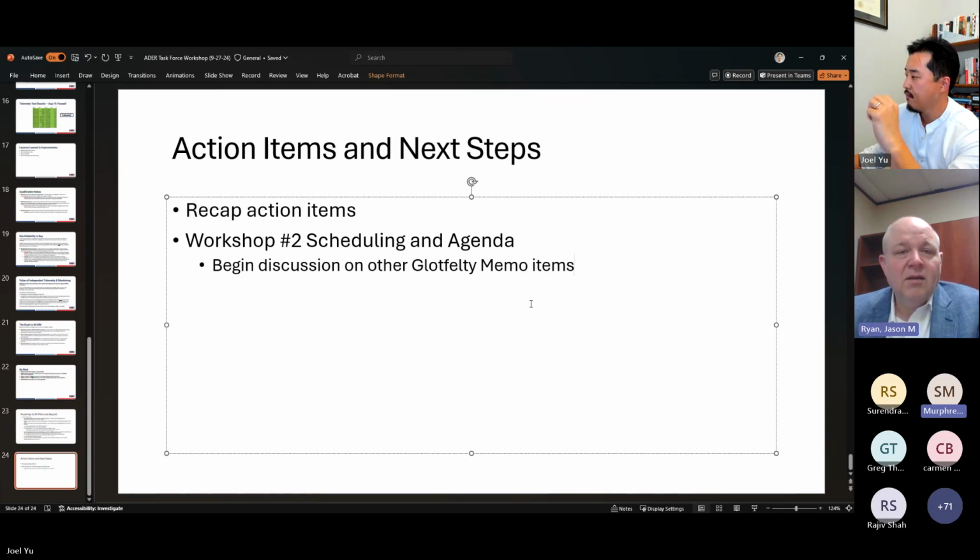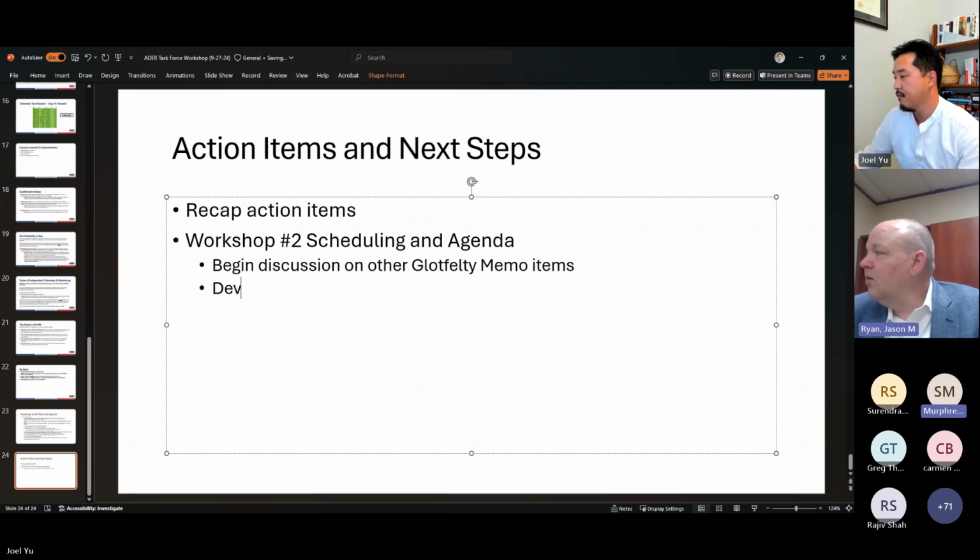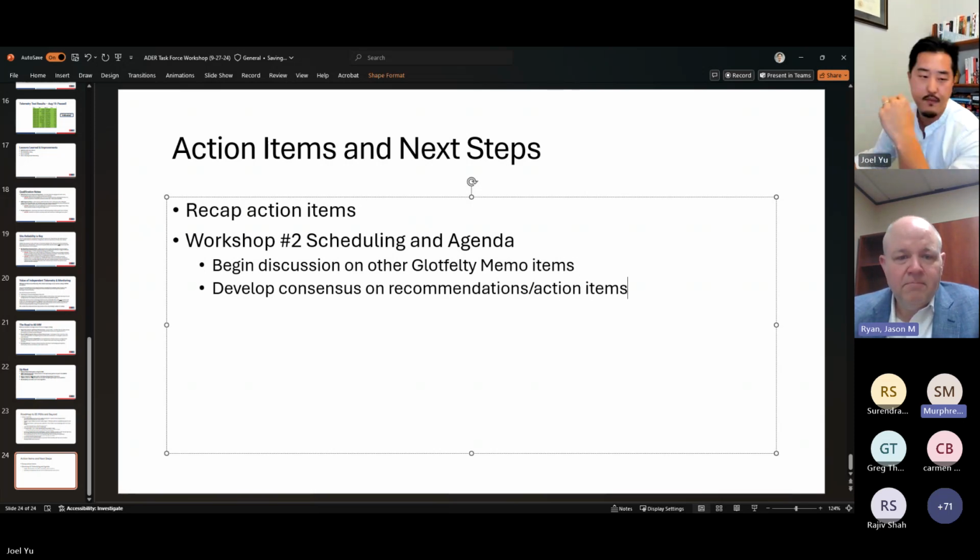I think we need to make an assessment as a task force. Do we have consensus that is what we need to do? Are there other things we need to do? And so plan on the next meeting us tackling that issue and trying to bring it to a consensus conclusion.